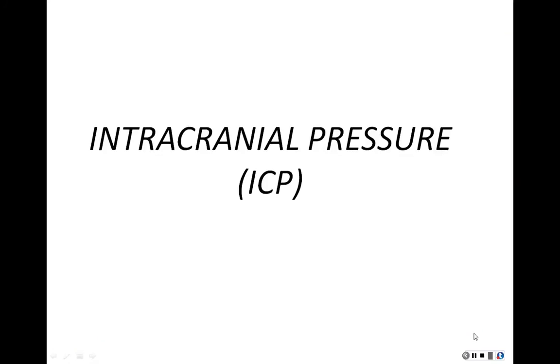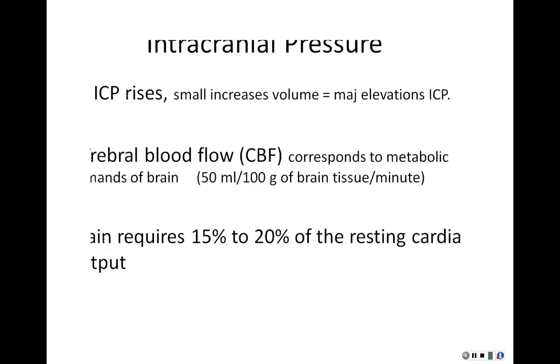We're going to talk about increased intracranial pressure. You can see that even small increments of change up in your brain, where all that high-dollar real estate is, make big changes in increased intracranial pressure.